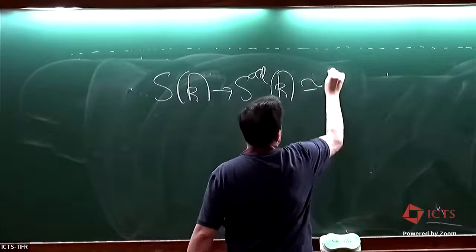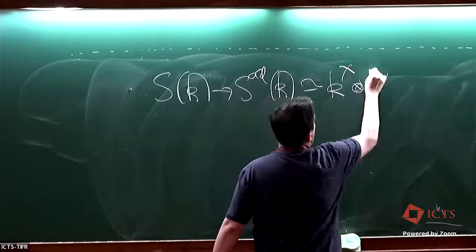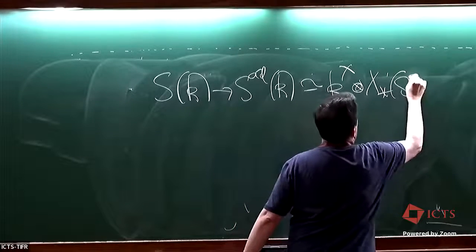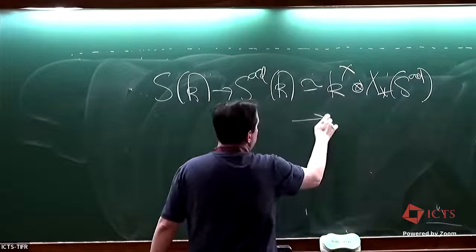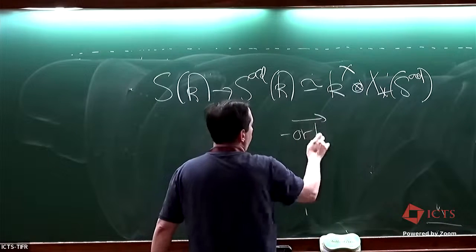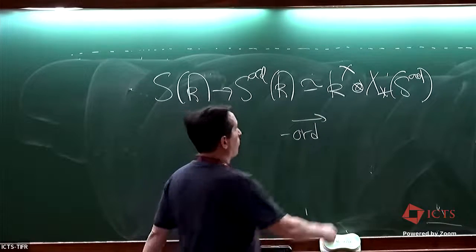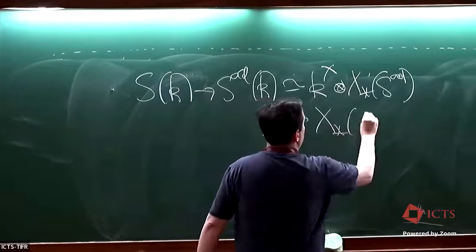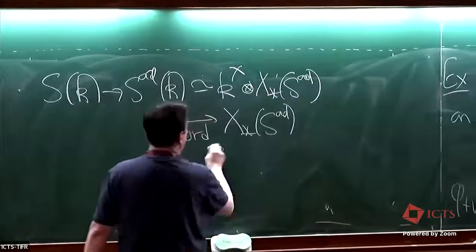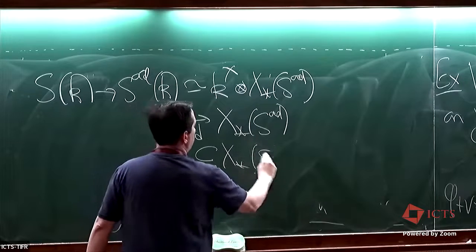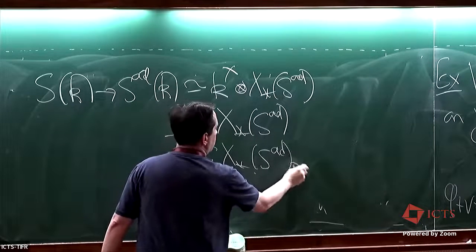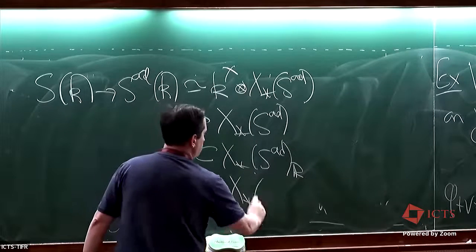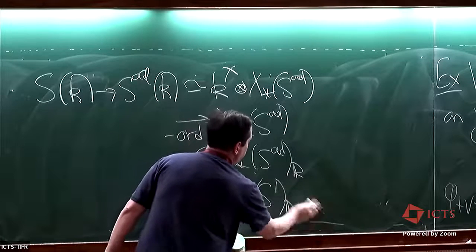This is split, so this is k star tensor the co-characters of the adjoint torus. And then you could apply minus ord to the k star part. And then you get something in here, and this sits inside the real vector space, which is the same as our earlier vector space.